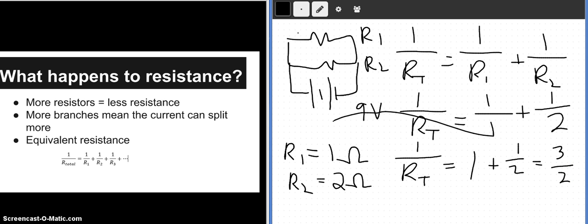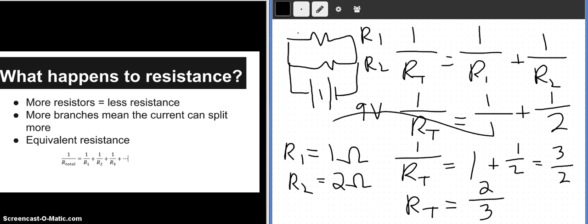The important thing to remember, though, is this is an inverse. So that means in order to make this RT, you have to actually flip it. And if you flip one side, you have to flip the other side. So if 1 over RT is 3/2, that means RT is 2 over 3.